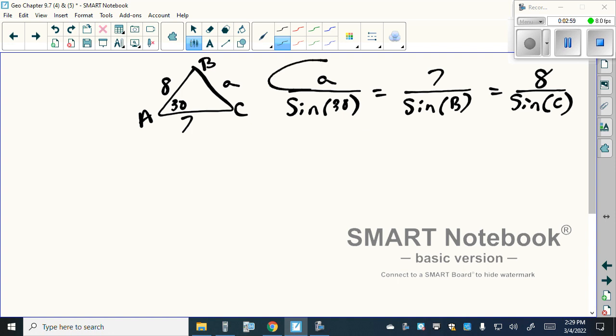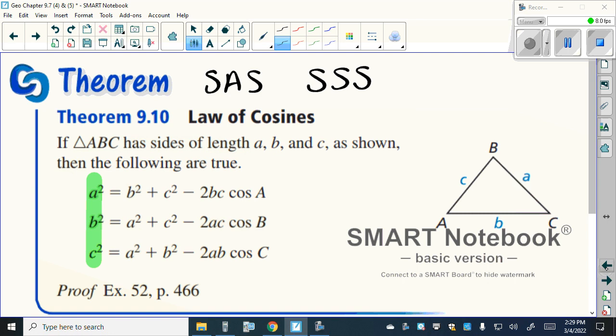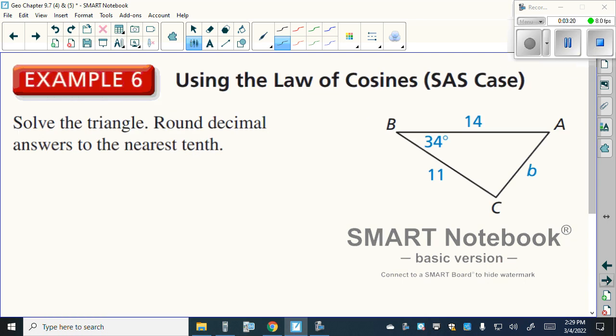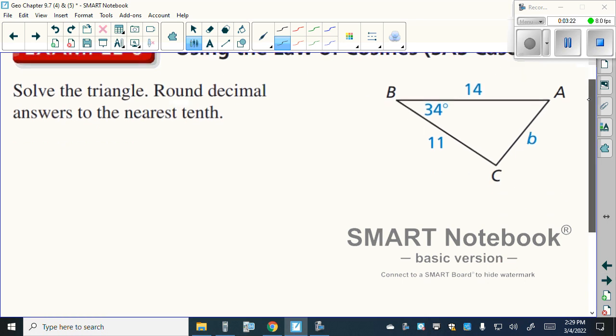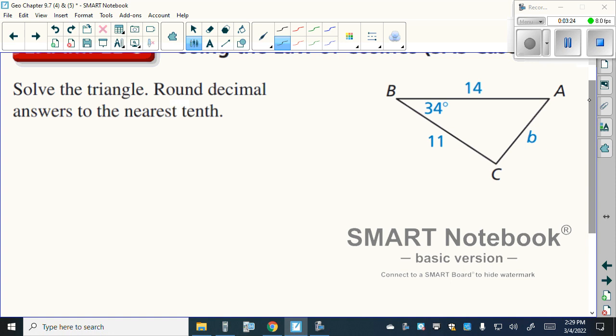And with side, side, side, it would just mean that the top three would have a value, but none of the bottoms, which is the same issue, because we would have two variables to solve for at the same time. So law of cosines is good if we're given two sides and an angle in the middle, or three sides. Then we can find the missing information. Once we start using this, you'll see that this is almost a little bit easier to use than law of sines.